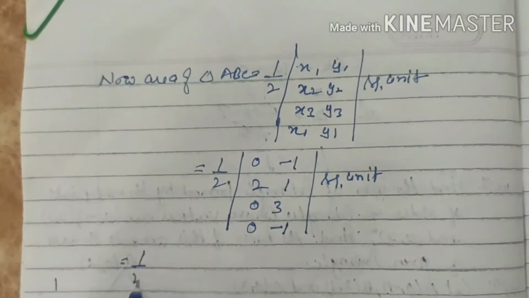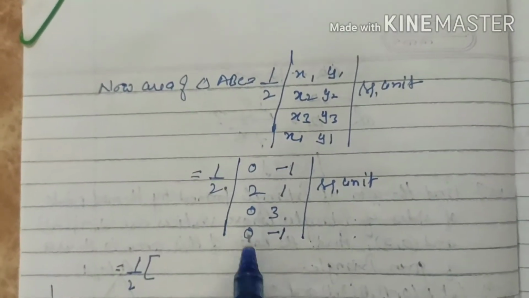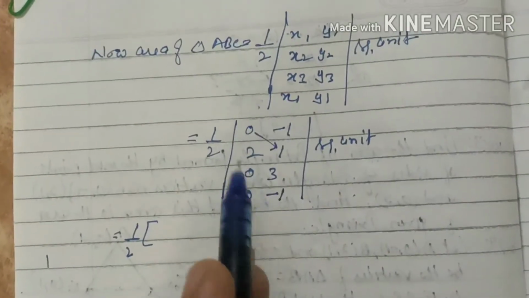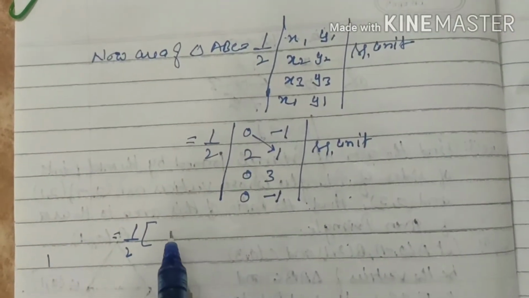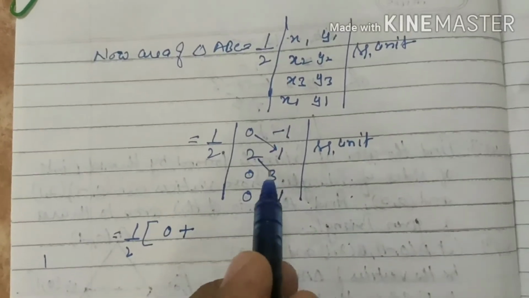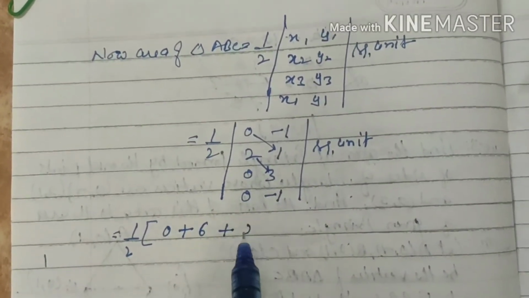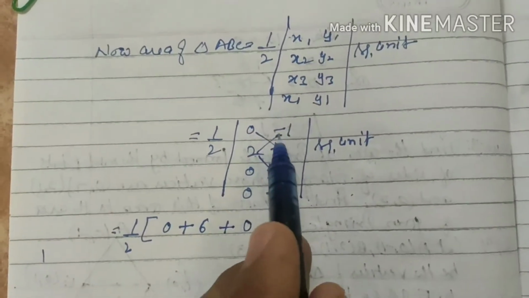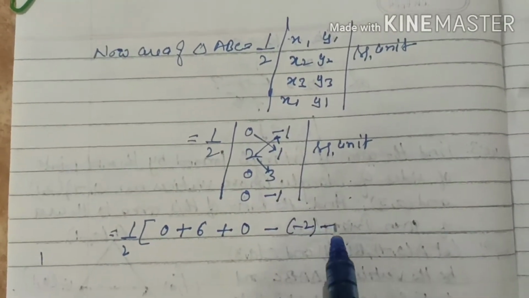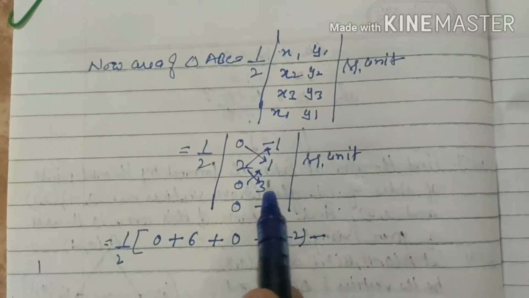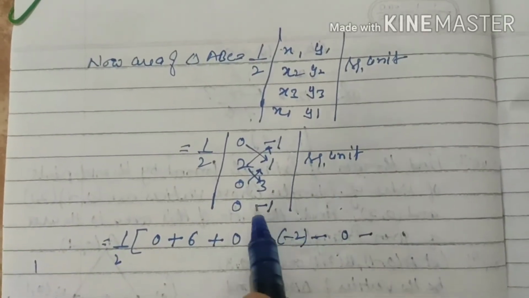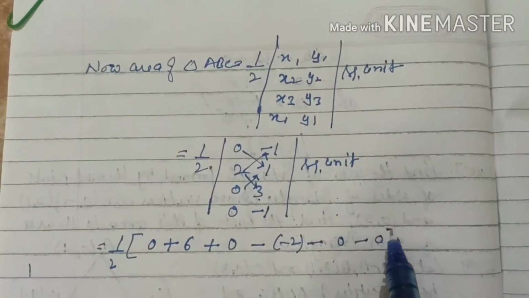So solve this by cross multiplication. 0 into 1 becomes 0, plus 2 into 3 becomes 6, plus 0 into minus 1 becomes 0, minus 2 into minus 1 becomes minus 2, minus 0 into minus 1 becomes 0, minus 0 into 3 becomes 0.